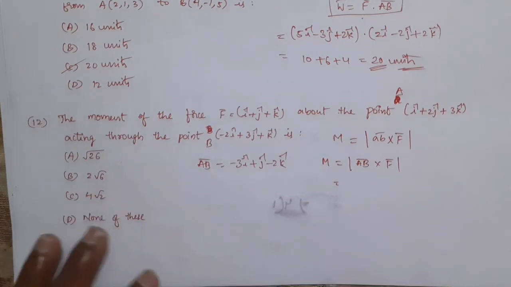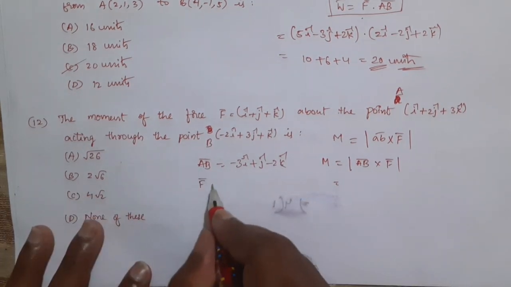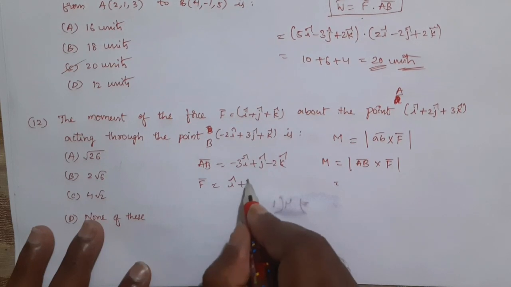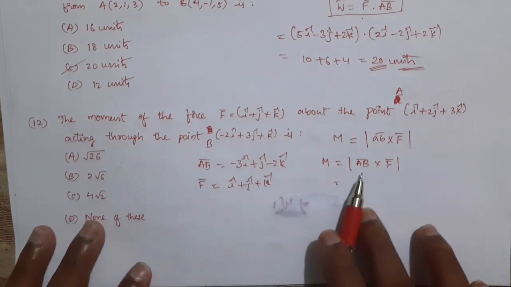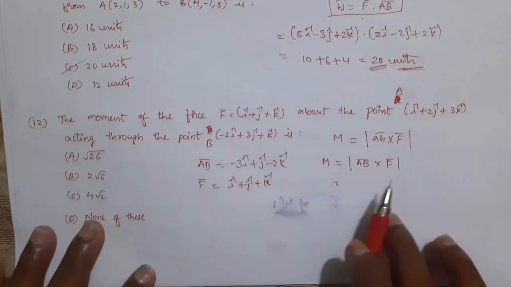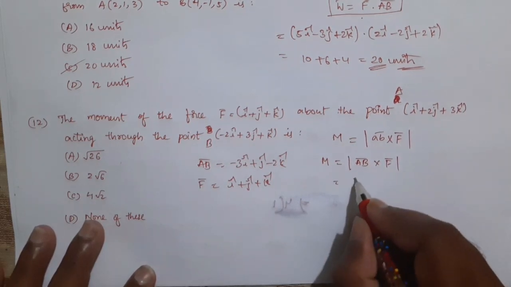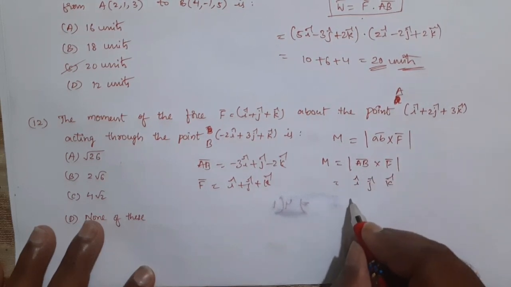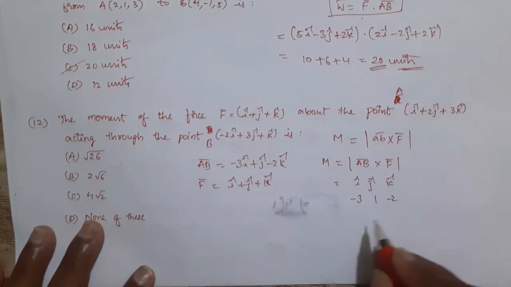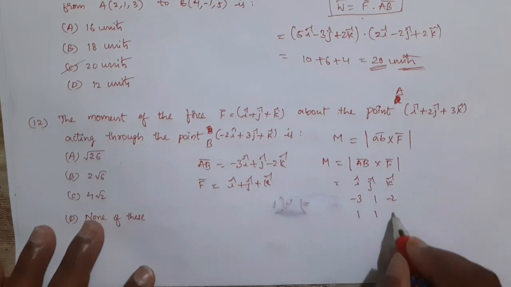So this is AB bar, and F bar is already given, that is I cap plus j cap plus k cap. Now we need to find the modulus of AB bar cross F bar. First we will find the determinant, with I cap, j cap and k cap. First AB bar, which is minus 3, 1, minus 2, and then F bar, which is 1, 1, 1.